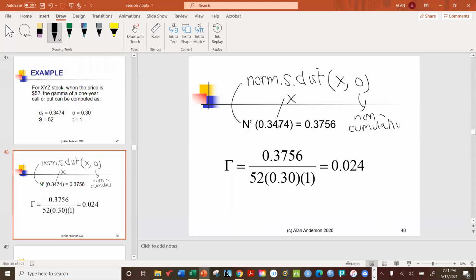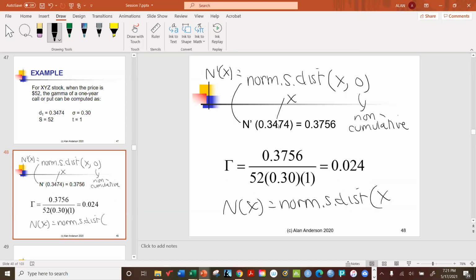We normally put a 1 there for just plain n of x. You would have norm.s.dist of x and 1.